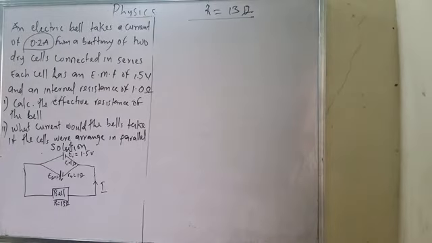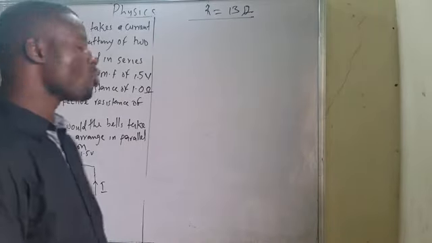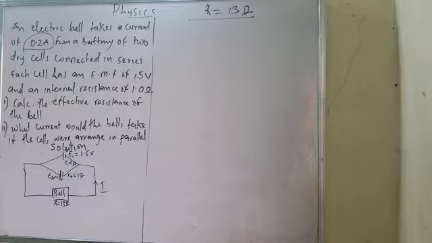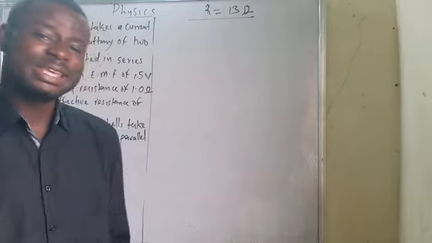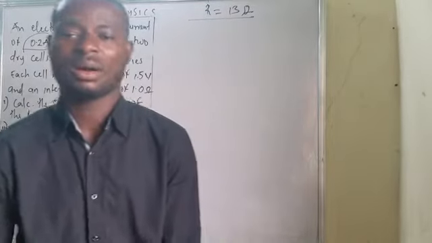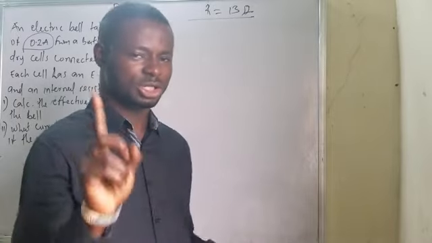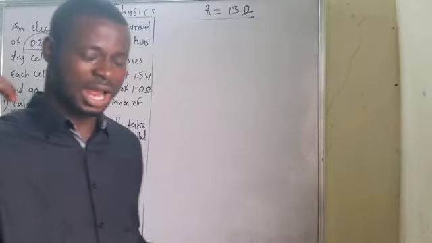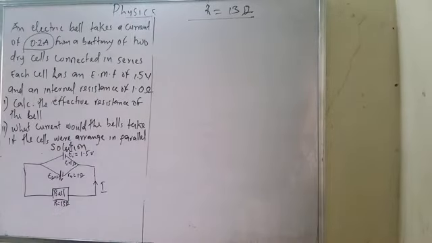This time you are looking for the current that will flow, because the current of series is not the same thing as the current of parallel. Take note of that information. I've told you earlier, and I wrote those things. Make sure you follow them up.